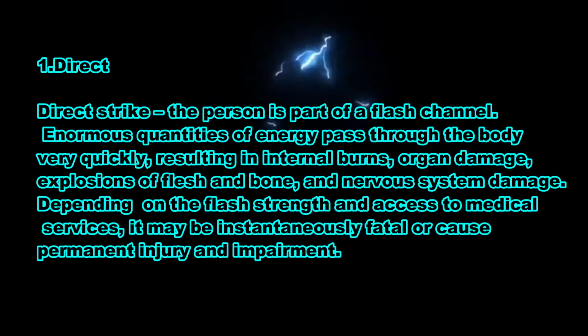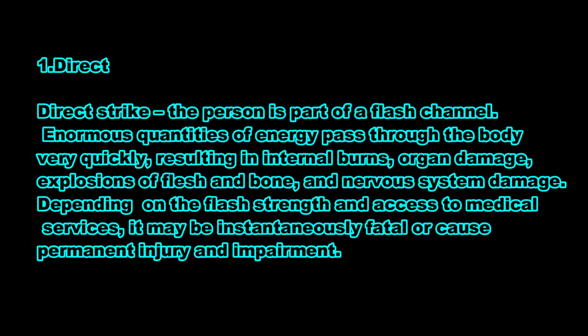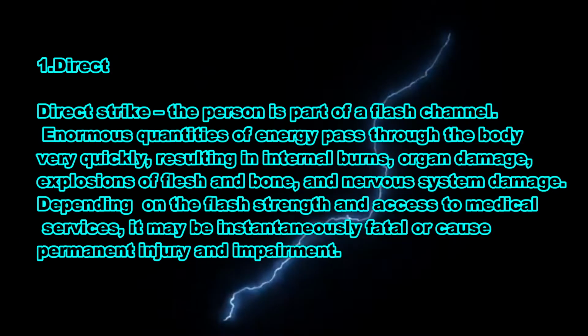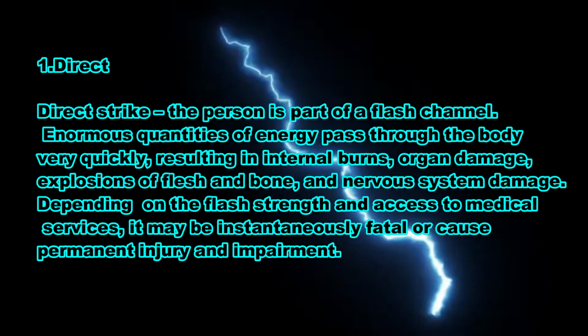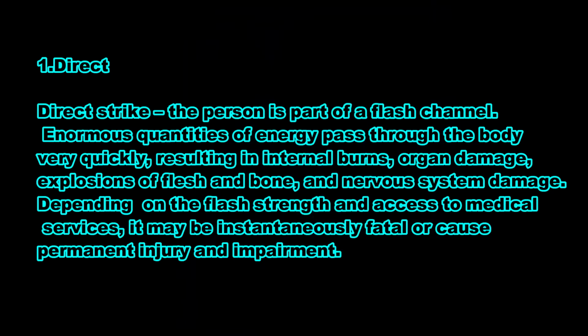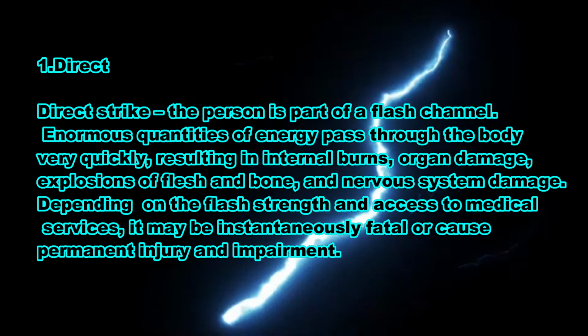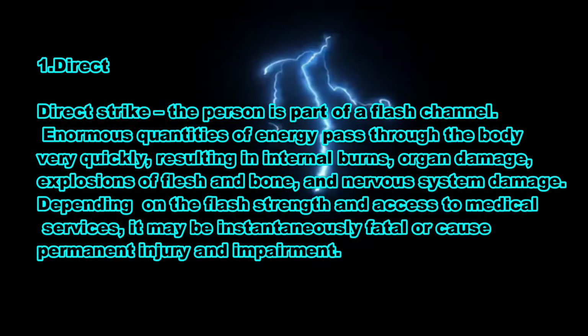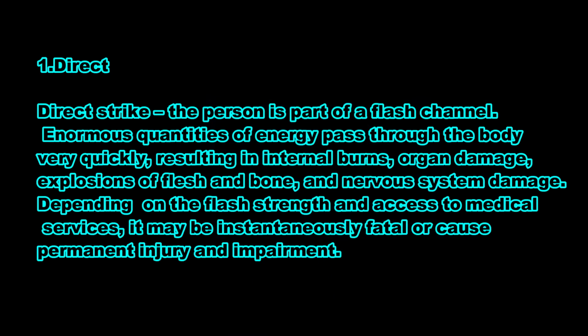The person is part of a flash channel. Enormous quantities of energy pass through the body very quickly, resulting in internal burns, organ damage, explosion of flesh and bone, and nervous system damage. Depending on the flash strength and access to medical services, it may be instantaneously fatal or cause permanent injury and impairment.